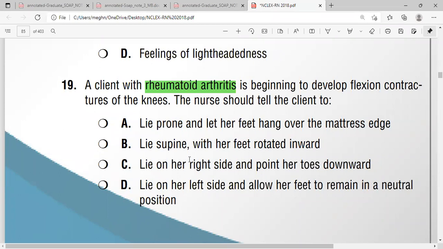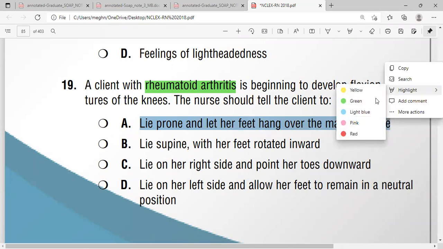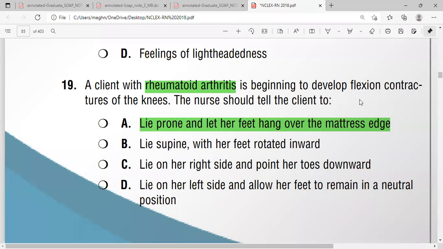The correct answer is to lie prone, meaning lie on the abdomen, and let her feet hang over the mattress edge. Lying in the prone position and allowing the feet to hang over the end of the mattress helps to prevent flexion contracture.